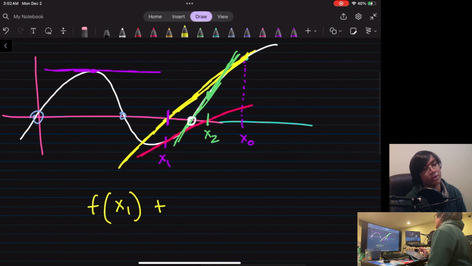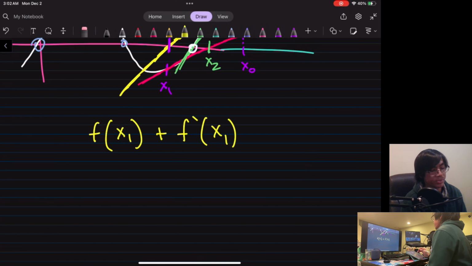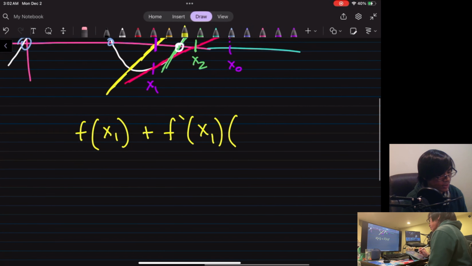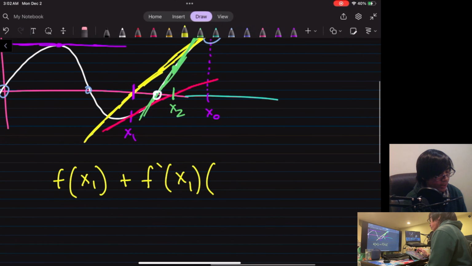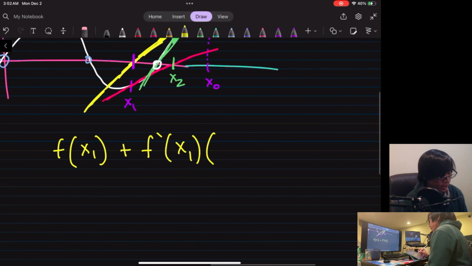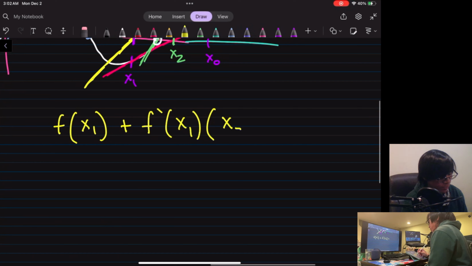So we took the value of our function, and then we estimated it as a line, essentially a slope. So we had a slope at that same value, x1, so our current guess or current position, you might say. And then we multiply that by how much we moved by. So since we started at x1, we do x2 minus the current position x1.